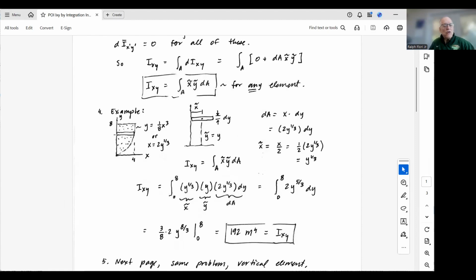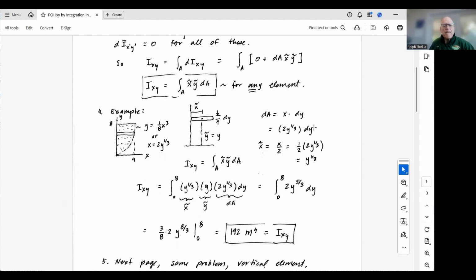If I choose to take a horizontal element, then it's dy thick. It's x long. So the dA is x long times dy. But I'm going to convert the x to y. So the x is equal to 2y to the 1/3. And so I can plug in 2y to the 1/3 here for x times dy.